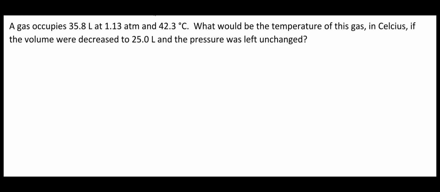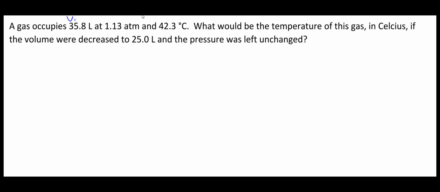So let's take a look at an example of this, and again I'm going to go to my notes view. So let's look at this problem here. We say that a gas is occupying 35.8 liters, and let's go ahead and label these things as we go. So 35.8 liters would be the starting volume, V1.